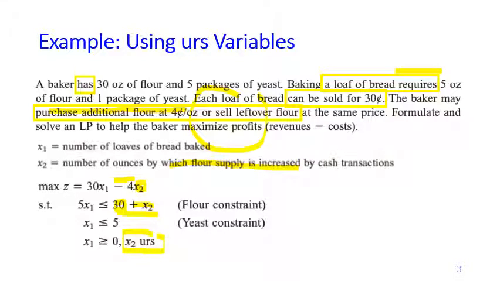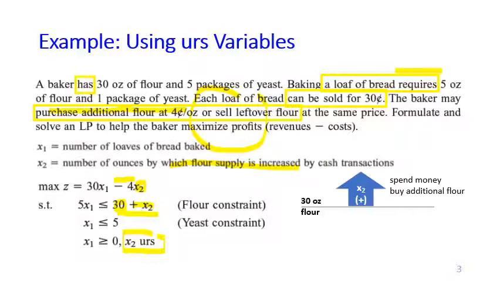It means that if x2 is positive, let me give you an illustration. So this is the amount of flour, so this line equals 30 ounces. And then if we spend the money to buy additional flour, it means that x2 is positive, right? We buy the flour, so we will increase the availability of flour that we have. But then, of course, we need to spend money to buy those additional flour.